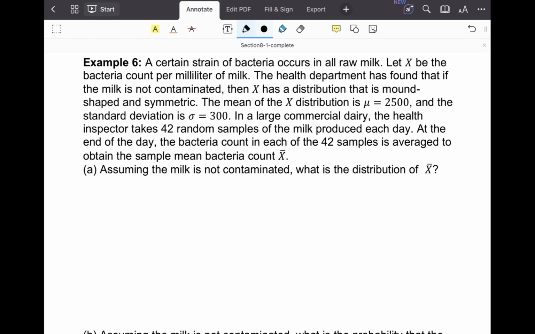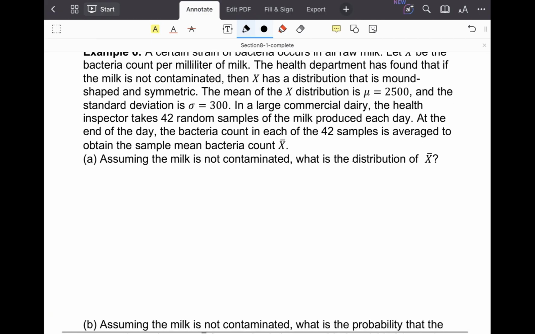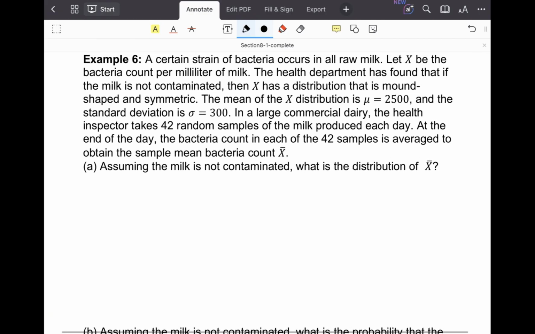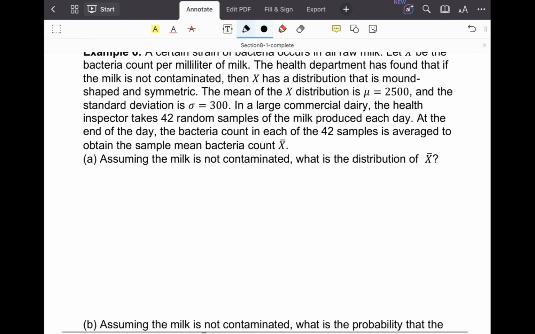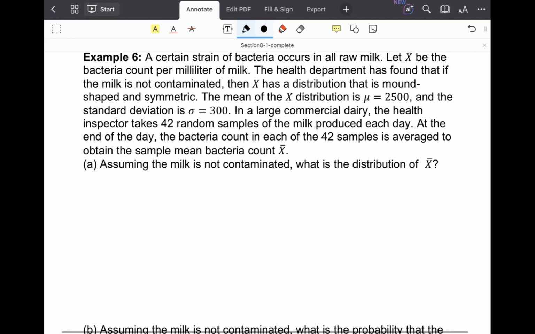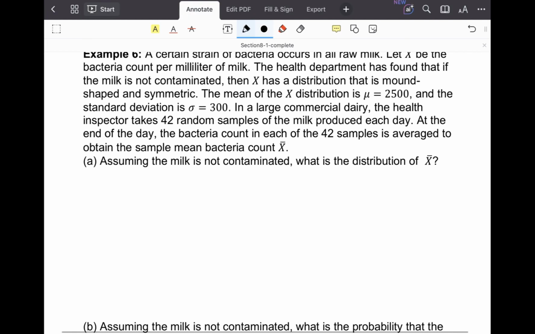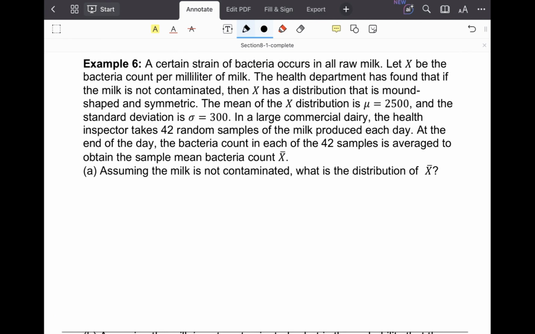So the word samples here is a little bit misleading. Samples as in they're taking a pipette and gathering some milk, and then probably putting it on a petri dish and letting it grow, and then counting the bacteria at the end of the day just to see if it's contaminated or not. So if we assume that the milk is not contaminated, what is the distribution of X bar?